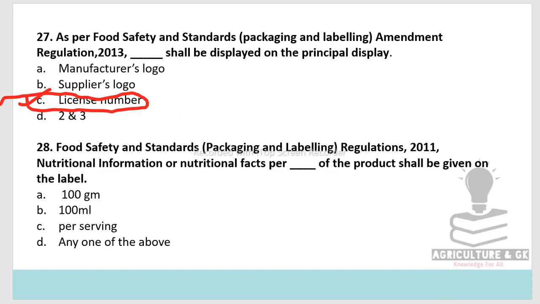So as per FSSAI Regulations 2011, nutritional information or nutritional facts per 100 gram or 100 ml or per serving of the product shall be given on the label. So our answer will be any of the above. So we can use any of these. We can either take 100 gram or 100 ml or per serving. So our answer will be option D.